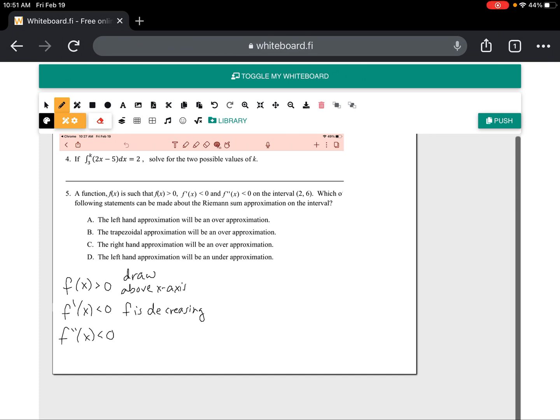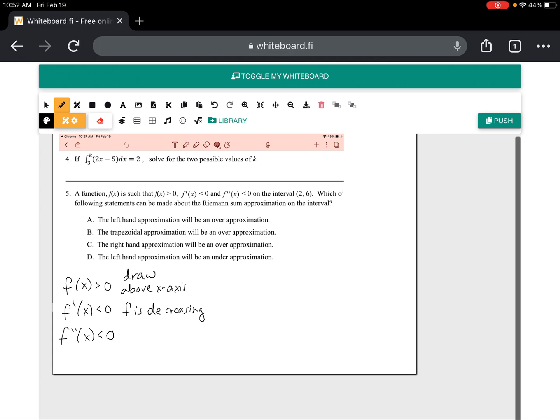Okay, and then the last thing they tell us is that f double prime of x is negative. What does the second derivative tell us about f? Does it tell us the concavity or point of concavity?